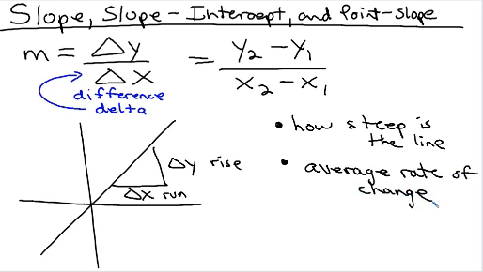Think change in distance over change in time. If I knew that I drove 240 miles in 4 hours, my average rate of change would be 60 miles per hour.